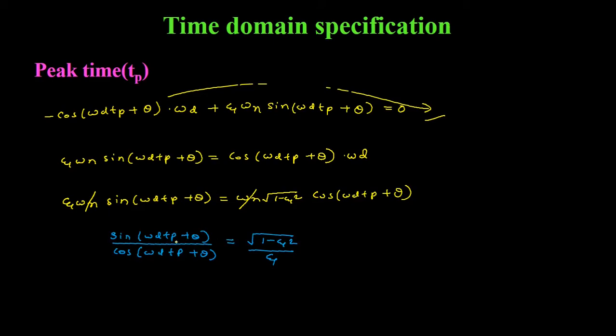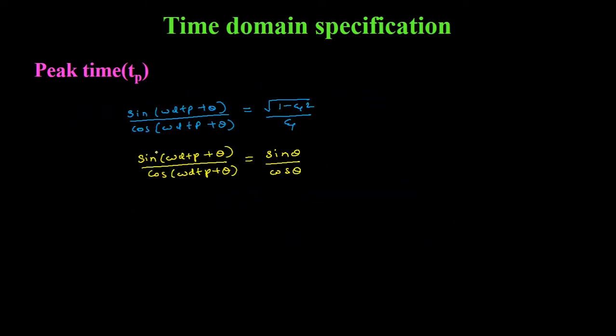Now after cross multiplication we will get sine of omega d Tp plus theta divided by cos of omega d Tp plus theta is equal to under root 1 minus zeta square divided by zeta. Now in this equation we put zeta equal to cos theta and under root 1 minus zeta square equal to sin theta. Then we will get sine of omega d Tp plus theta divided by cos of omega d Tp plus theta is equal to sin theta by cos theta.